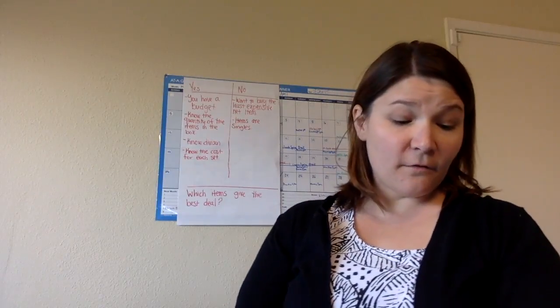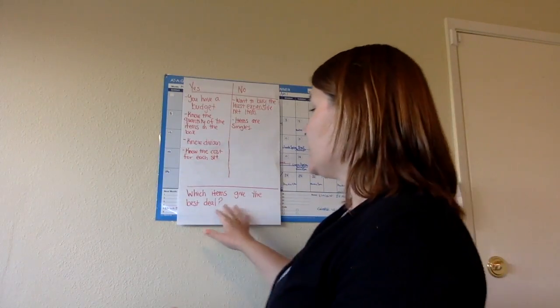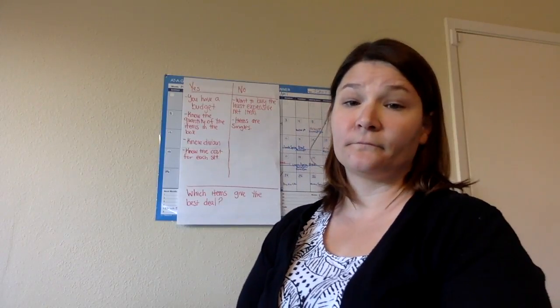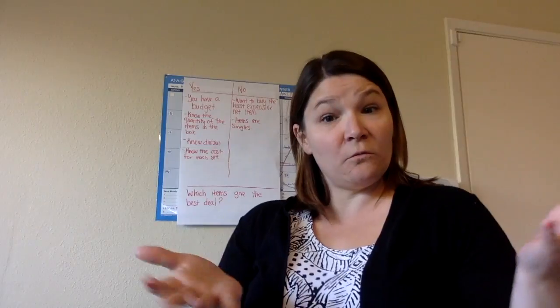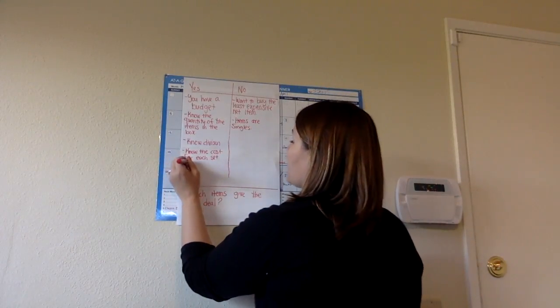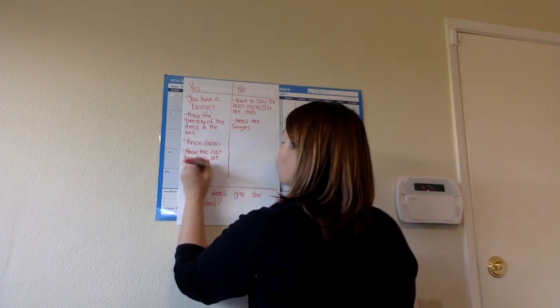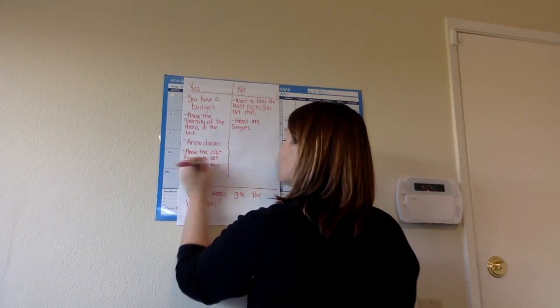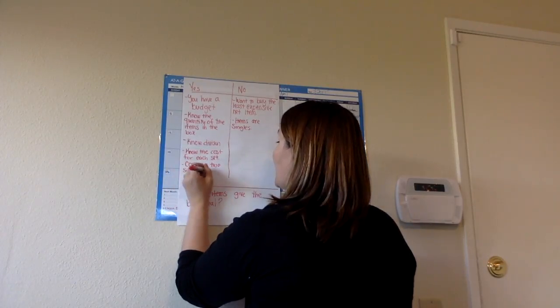Okay, is there anything else we might need to do or know if we're going to find the best deal? That's right. We're going to need to compare two similar items.